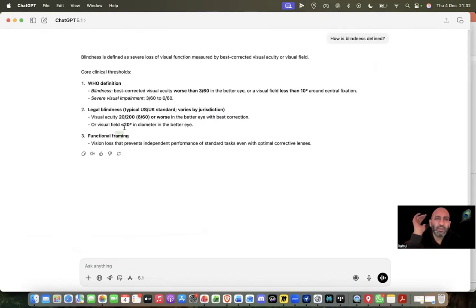So basically 20 over 200. That means you can see some things at 20 meters where a normal person can see it at 200 meters. Okay, that's really bad, I guess, if that's what they mean.